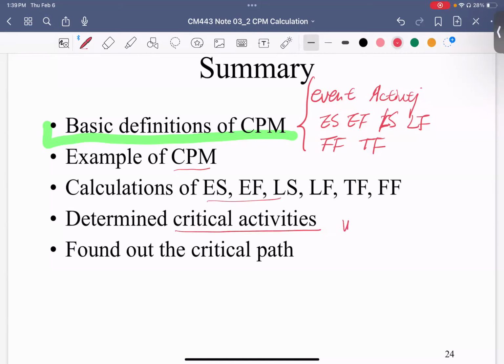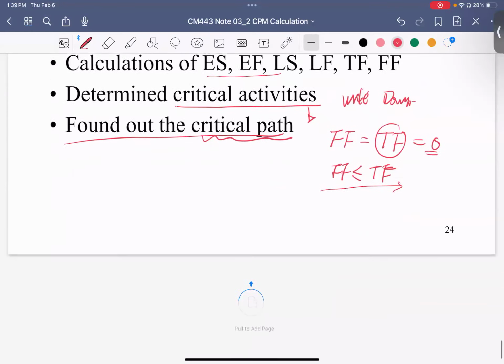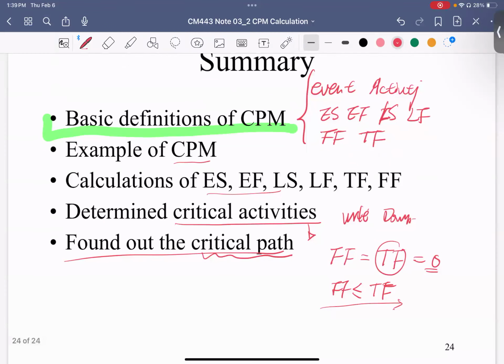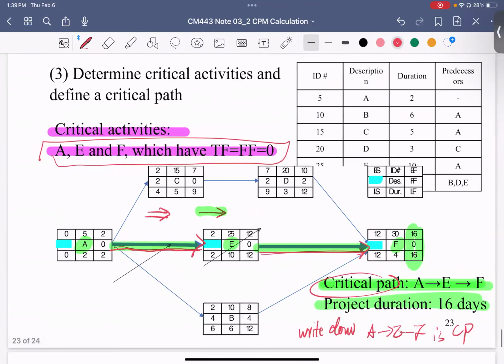You need to write it down. We found out that the critical path is made of the critical activities, and a critical activity is one whose free float is equal to total float is equal to 0. And we know free float is always less than or equal to total float, so if your total float is equal to 0, then your free float is 0. That is this example here. Any question so far?